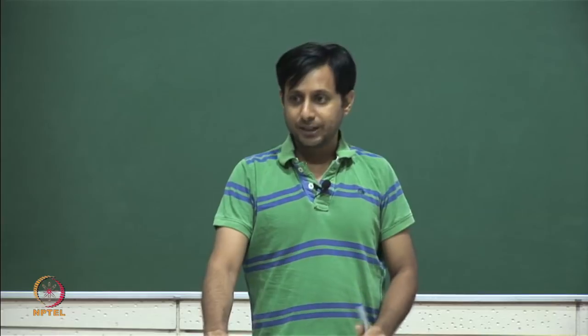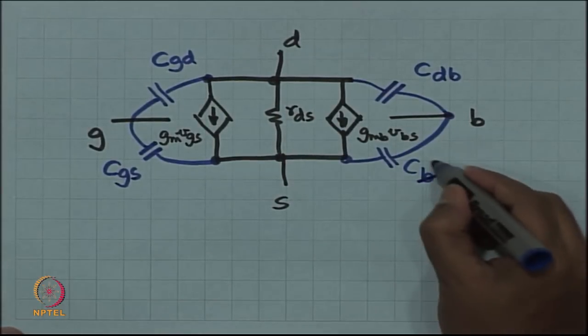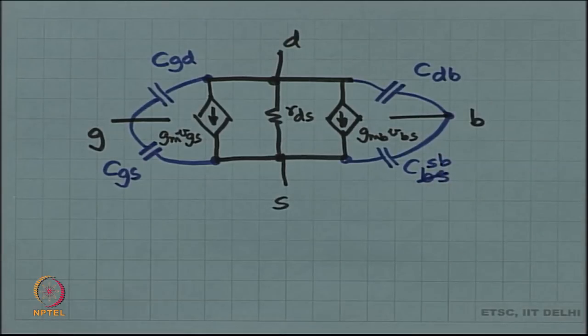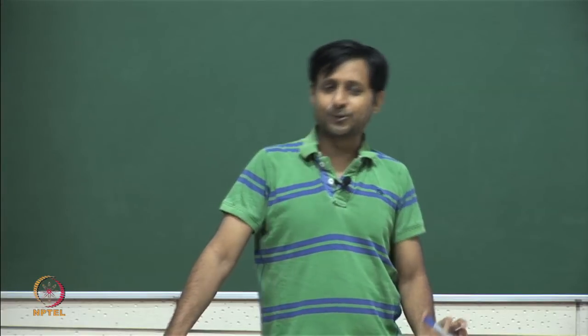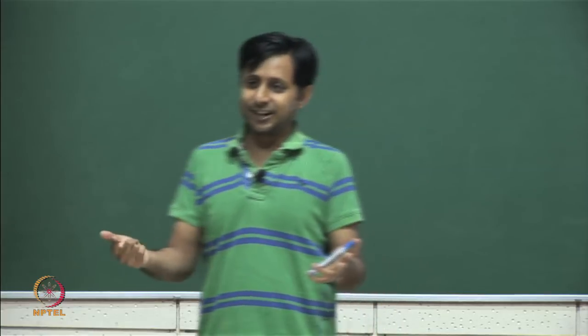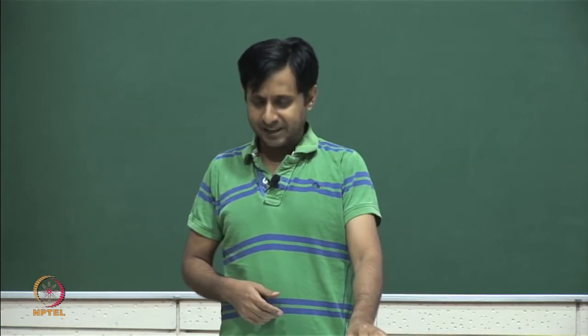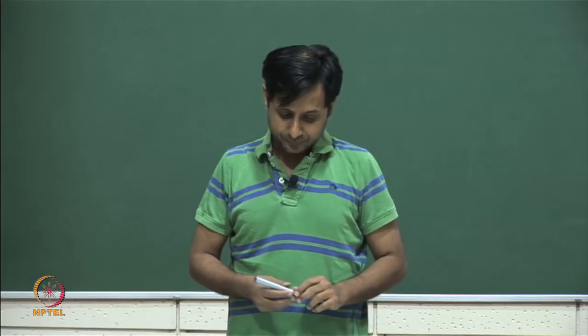So, which of these is going to be larger, CDB or CSB? Let us call this CSB. Which is larger, CDB or CSB? CSB is larger, because source voltage is smaller than the drain voltage. So, source to body reverse bias is going to be less than drain to body reverse bias, right, and in that sense the capacitance is going to be more, right.